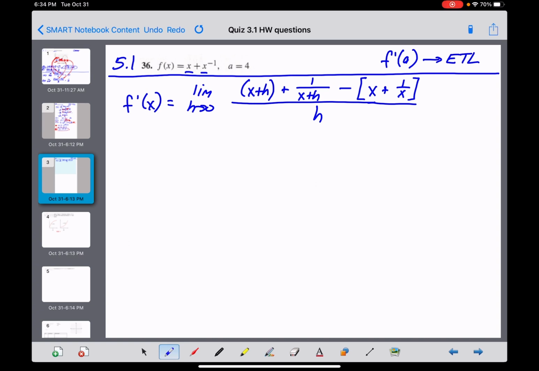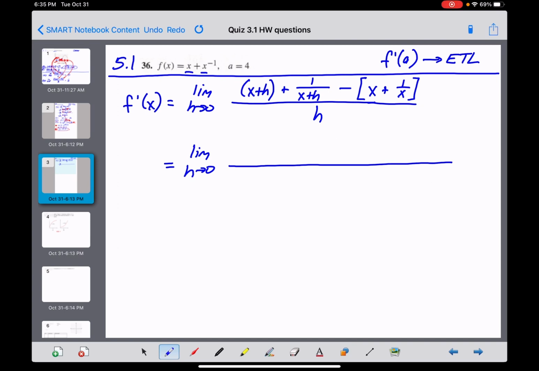Okay, this is where we're at, and I think we're going to have to do some kind of difficult work right here to clean up that numerator and hopefully eventually get a factor of h on the top that will cancel with that factor of h in the bottom.